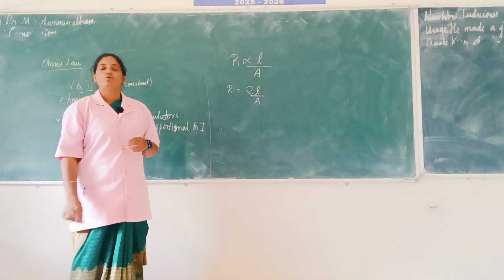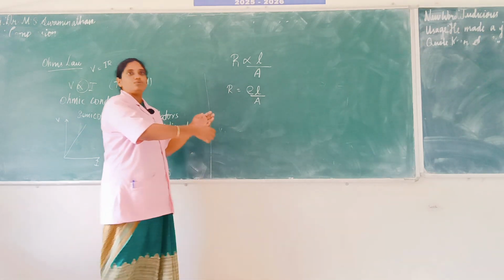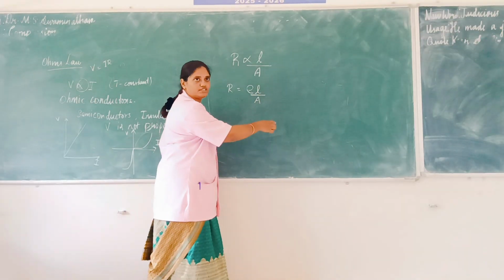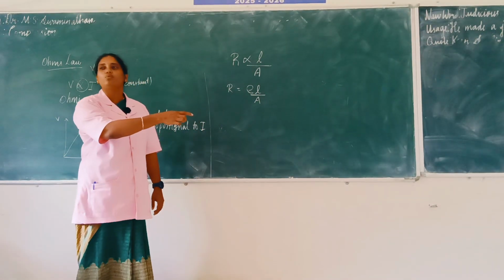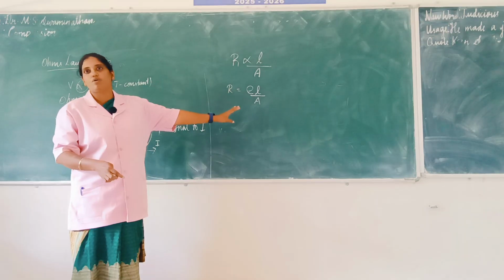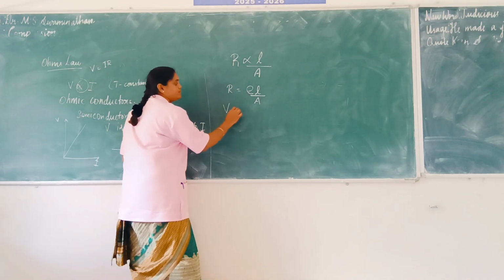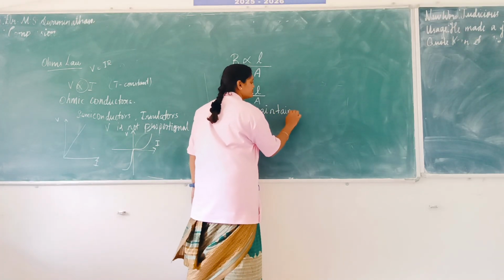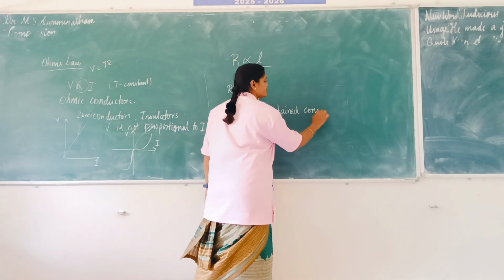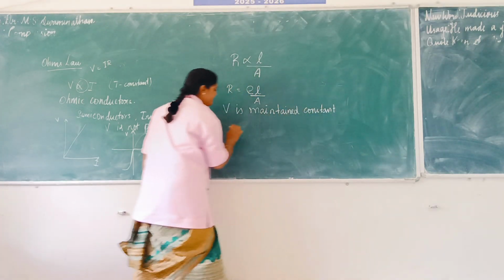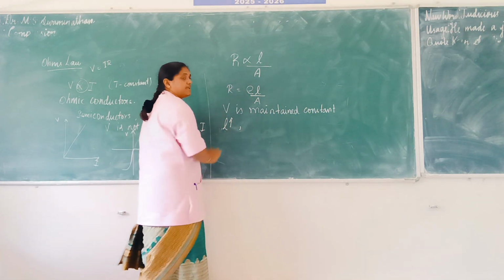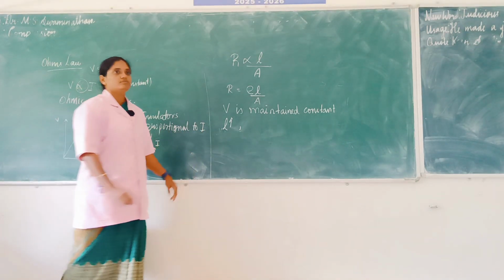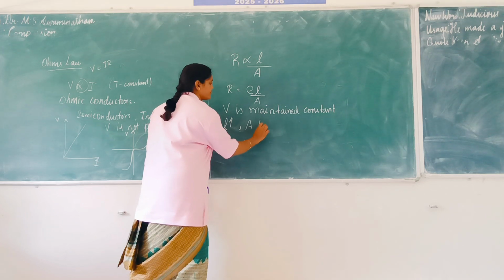Isn't it? Based on this, you can expect many questions in NEET, by varying the length and cross section. If the volume of the material is maintained constant, and I increase the length, what happens to the area? Area decreases.